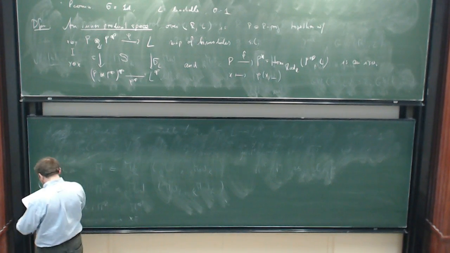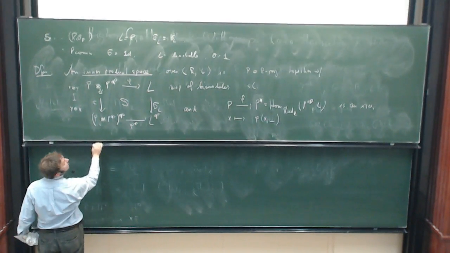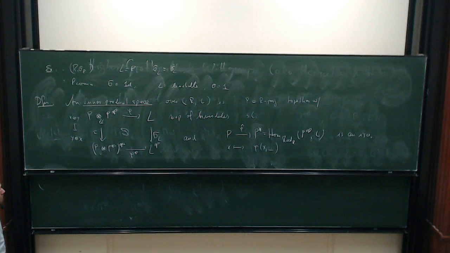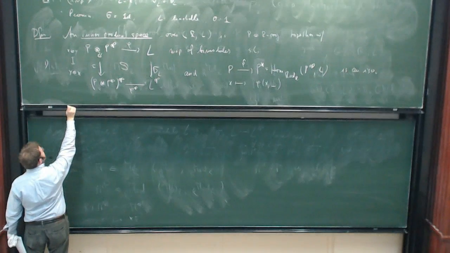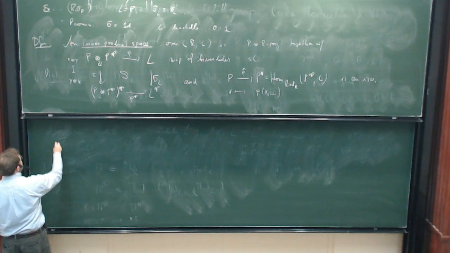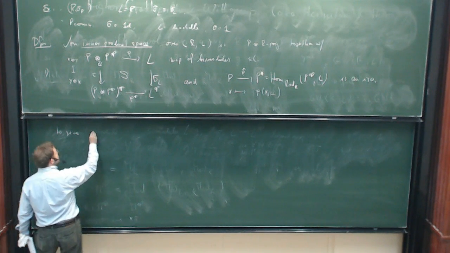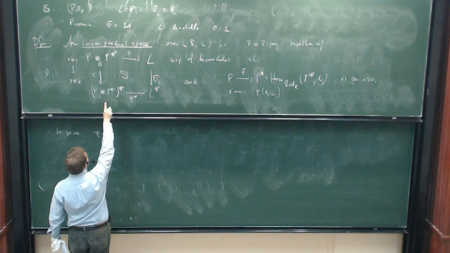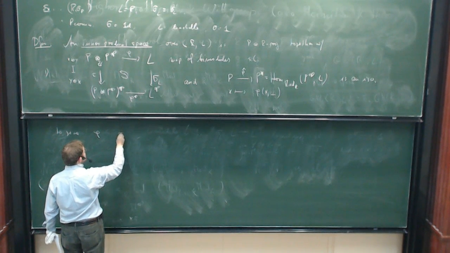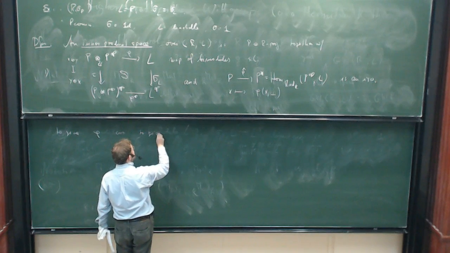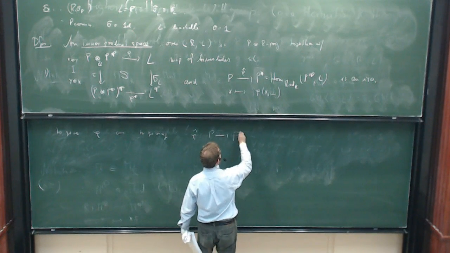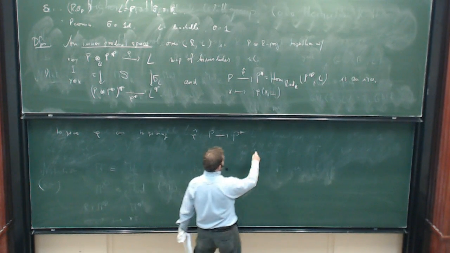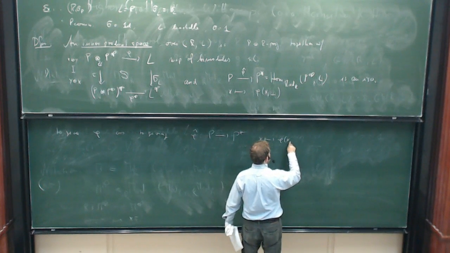Anyway, this condition here: to give the bilinear form phi is equivalent to giving the map phi hat defined by phi.